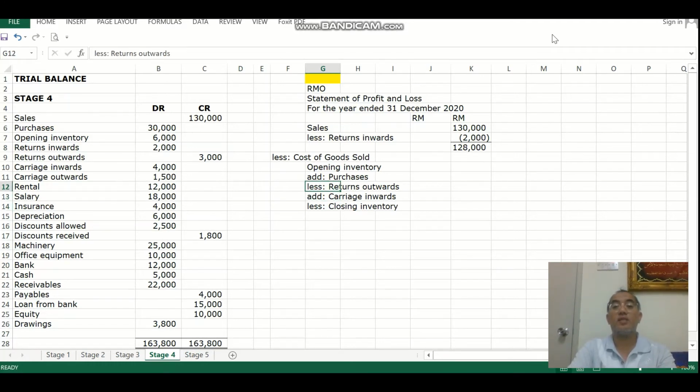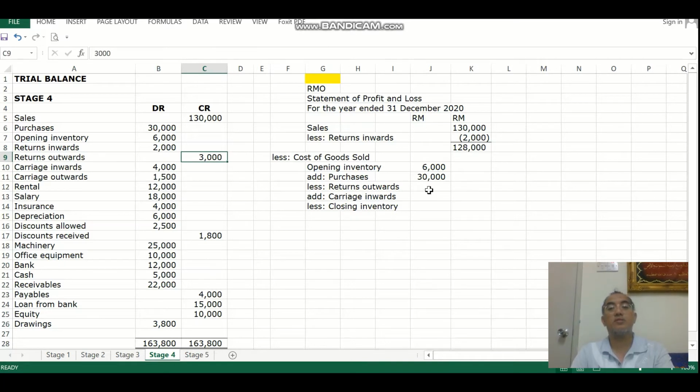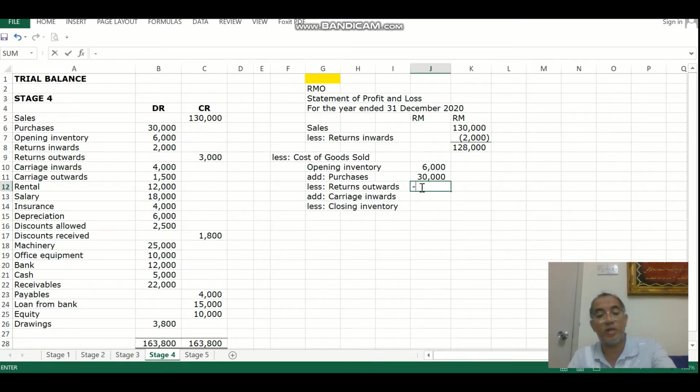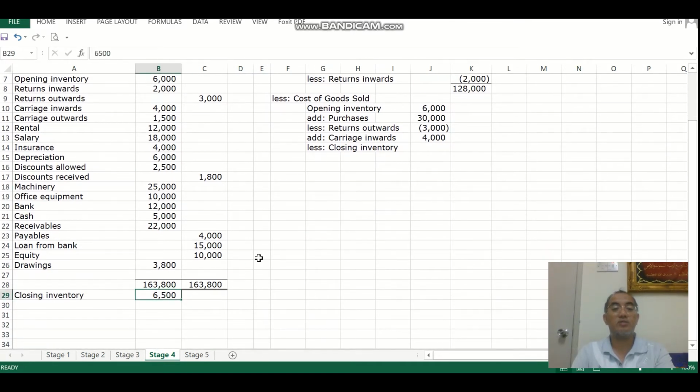So now we'll fill in the figures. Opening inventory here is 6,000. Purchases 30,000. Returns outwards 3,000, so I put it here in brackets. Carriage inwards we have here 4,000, and closing inventory is 6,500.